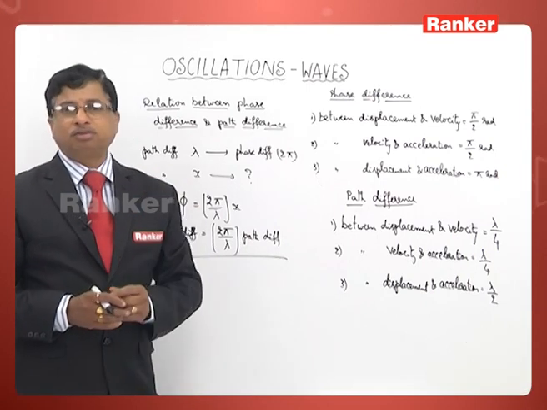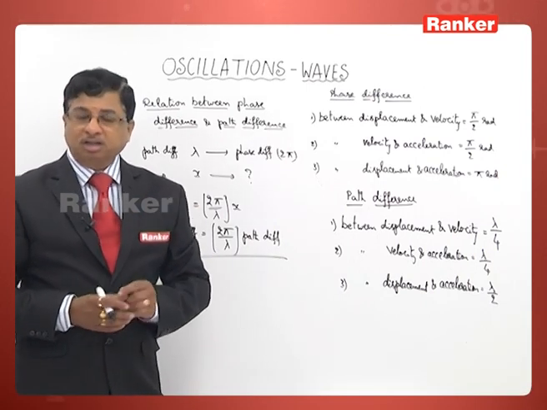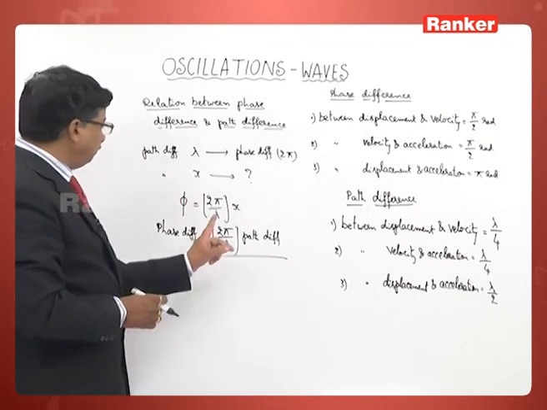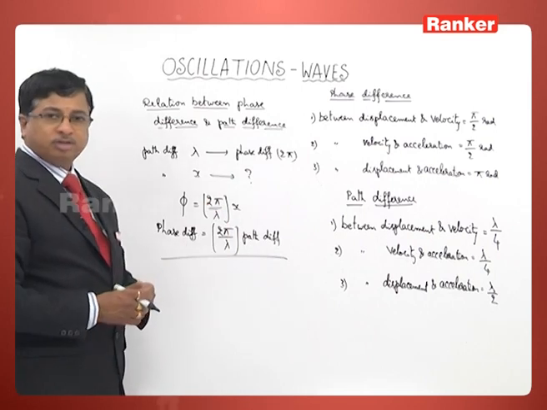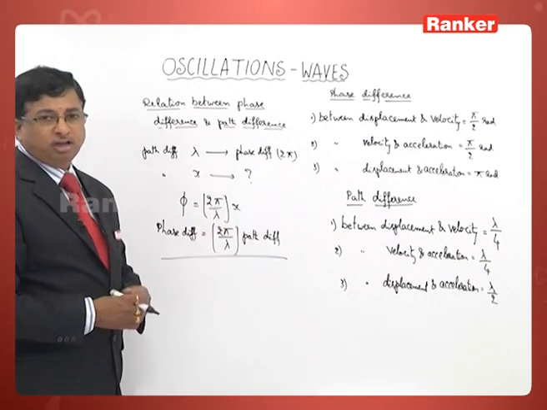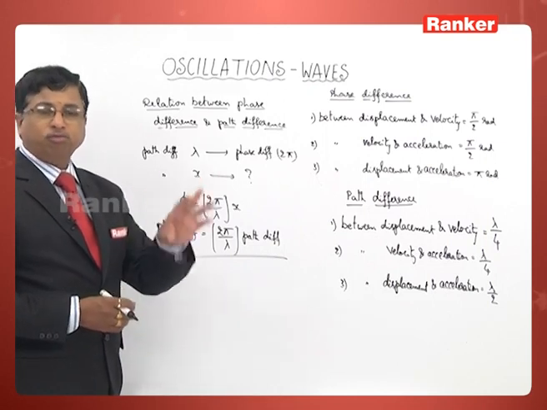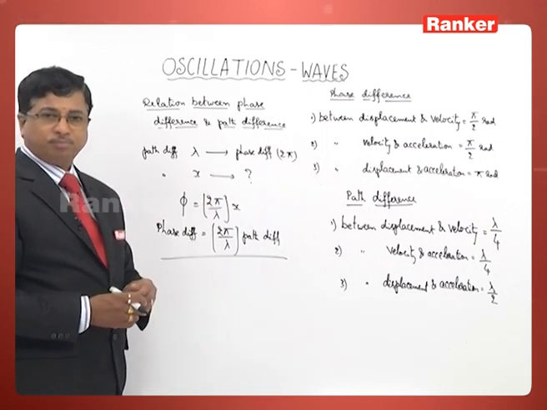Anyhow, we are going to discuss standing waves a little later. The point here we have to understand is where we consider this relationship. This relation we generally consider when we write the progressive wave equation.